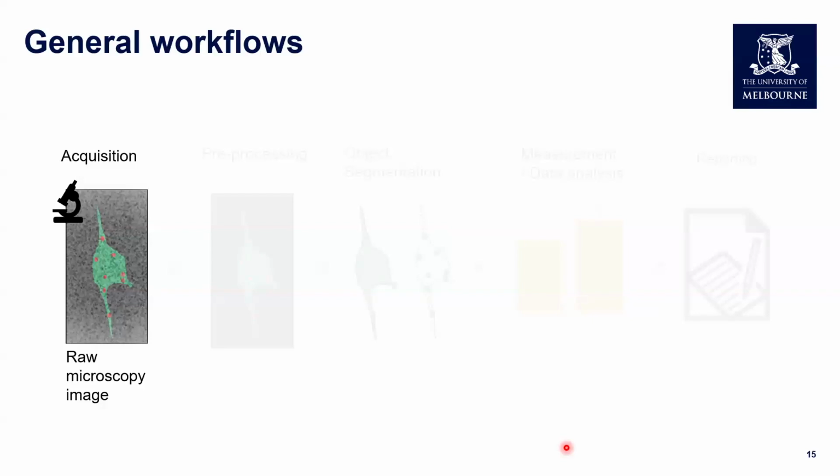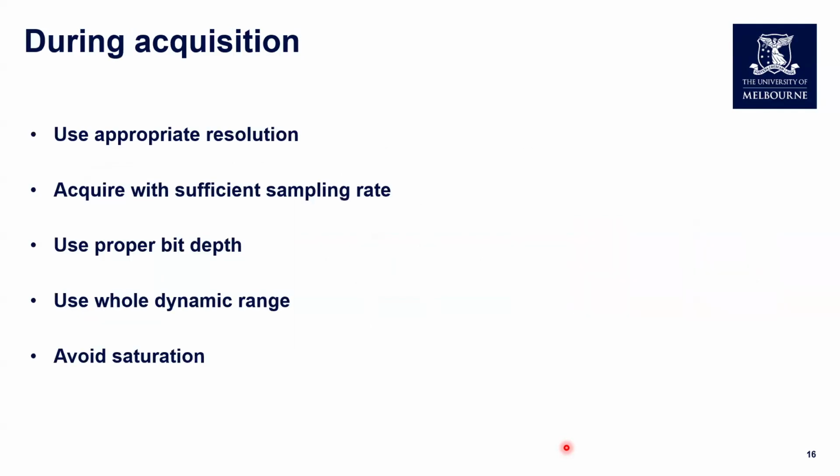Okay, now let's get to the image analysis workflow by starting with the basic rules to follow during microscope image acquisition. Acquiring proper images is really crucial in getting proper measurements. And these are the 5 key rules you want to follow during acquisition if you want successful image analysis.